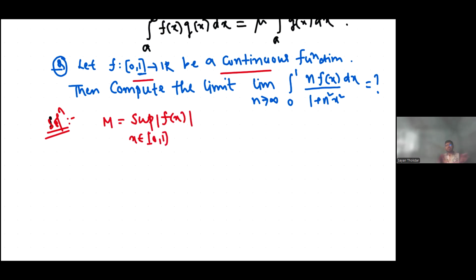I'm taking M to be positive, and this value exists by the continuous image of a compact set, which I discussed in earlier videos.